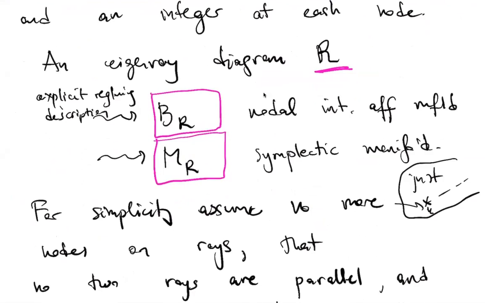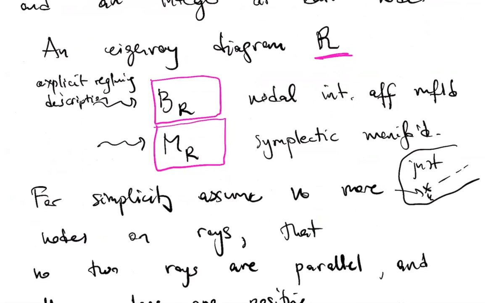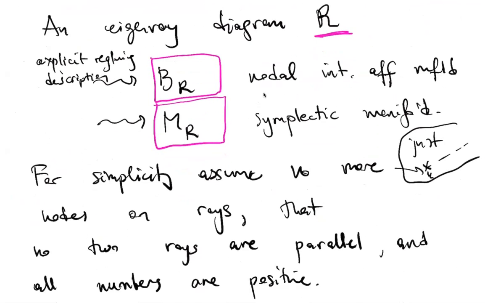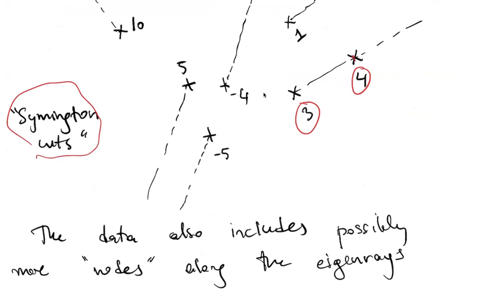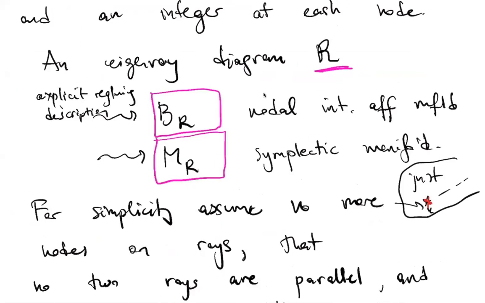Okay, so even though one could deal with Eigenray diagrams of this generality and the induced symplectic manifolds, I'll make a simplification, and I'll assume that there are no more nodes than the minimum allowed on each ray. So I'm actually not going to have these. I don't want that generality.